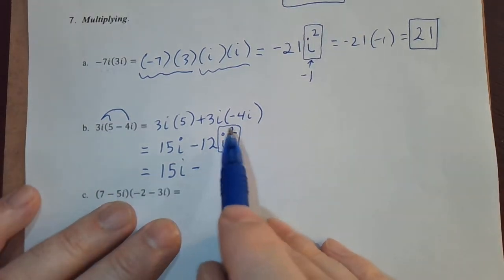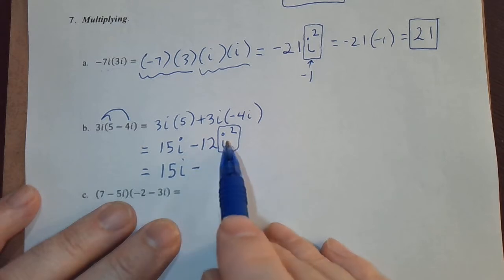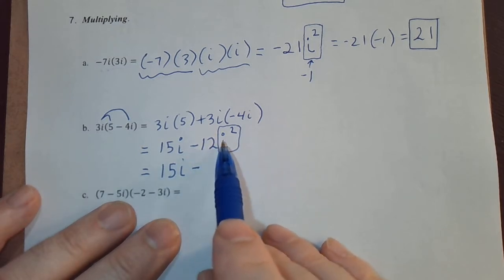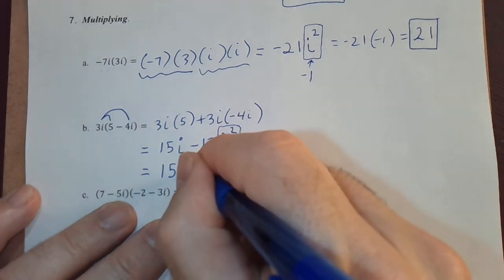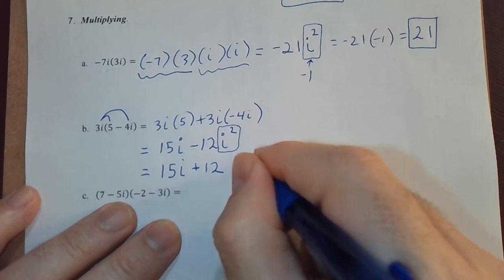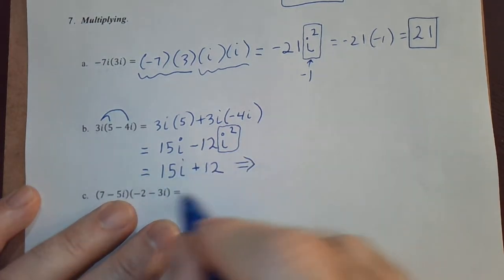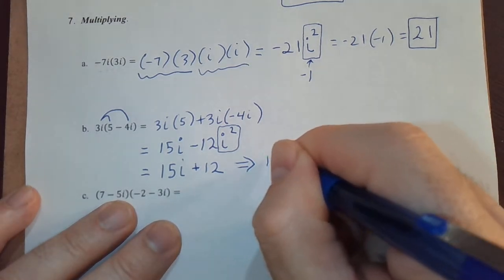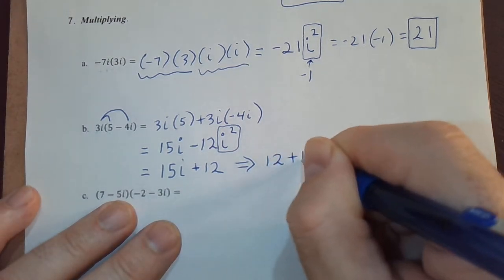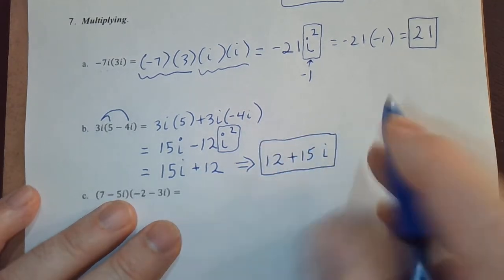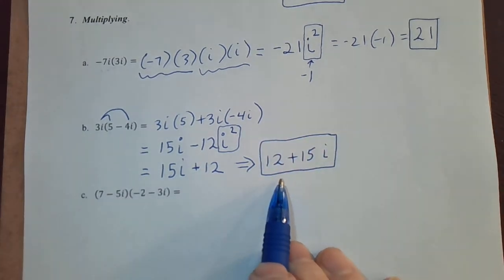So all that does is change the sign here. That's negative 1. So instead of minus 12 times negative 1, it becomes plus 12. And the last thing I'm going to do on this problem is put it in the correct form, the a plus bi form. So it's going to be 12 plus 15i. This is the correct answer and written in the correct form.